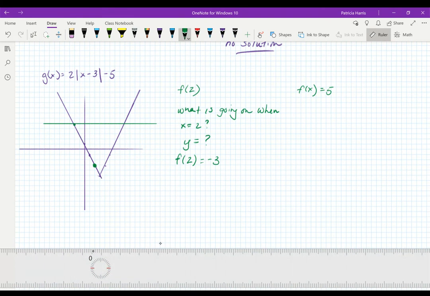Now, if your graph is super neat, then you can just pull the point off the graph. So x is equal to -2, and let's see, 1, 2, 3, 4, 5, 6, 7, 8. If your graph is not super neat, you might want to verify that through some algebra.